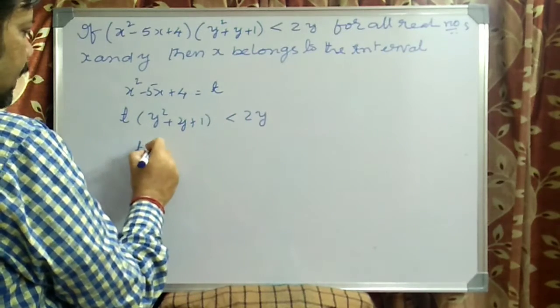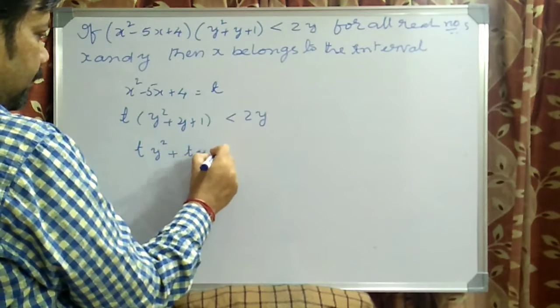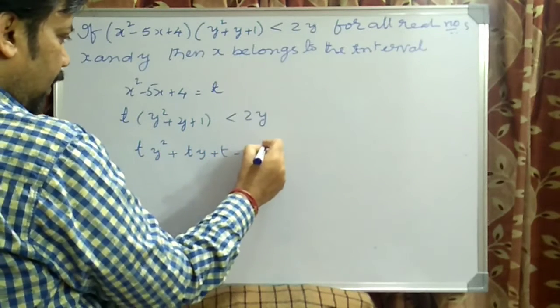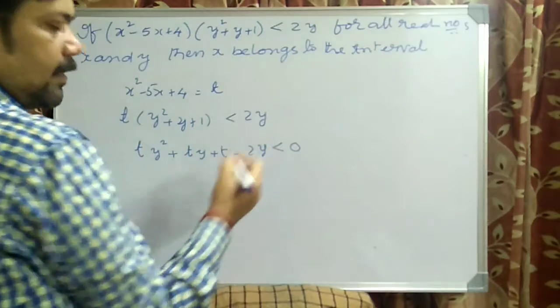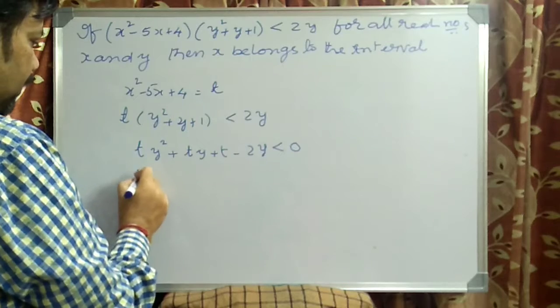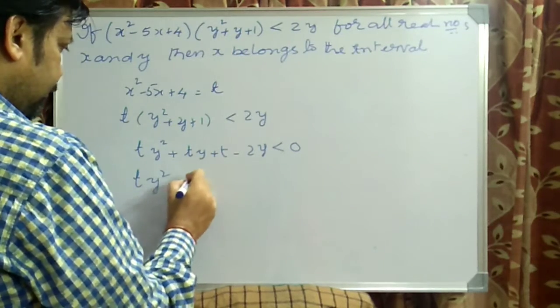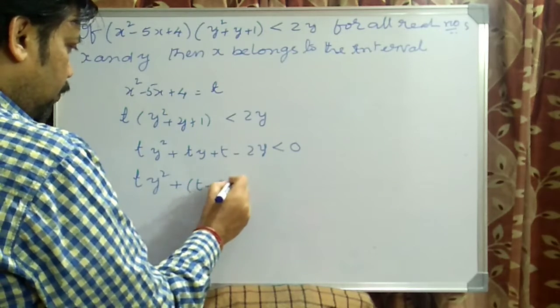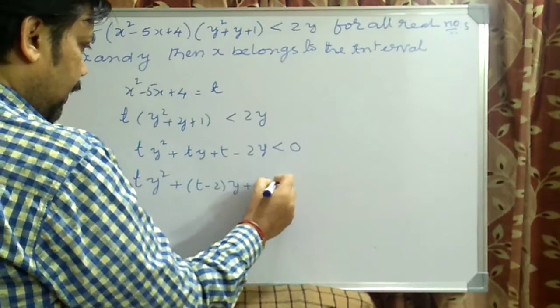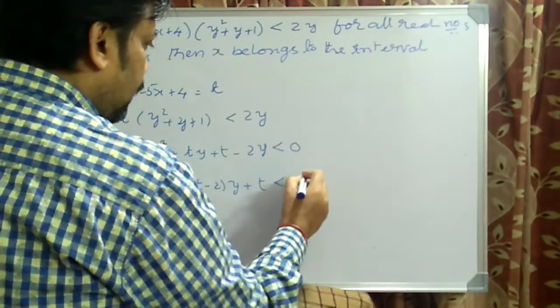Expanding, I get ty square plus ty plus t minus 2y is less than 0. So what we have now here is ty square plus (t minus 2) into y plus t is less than 0.